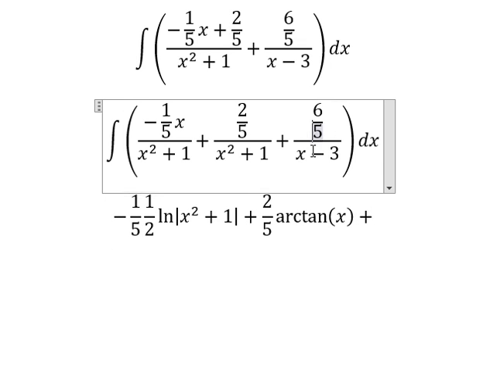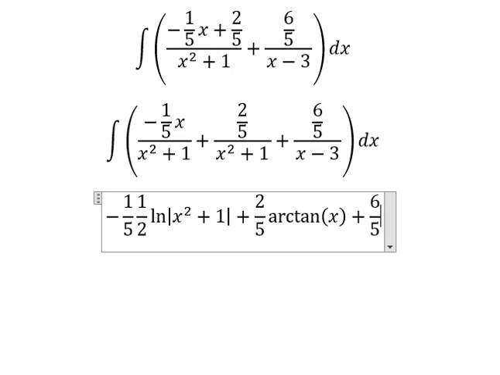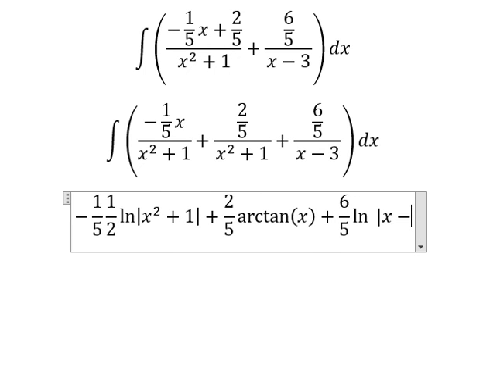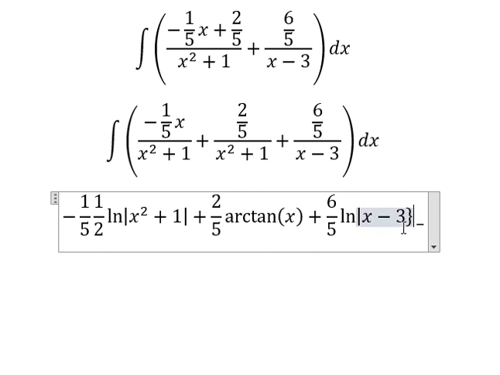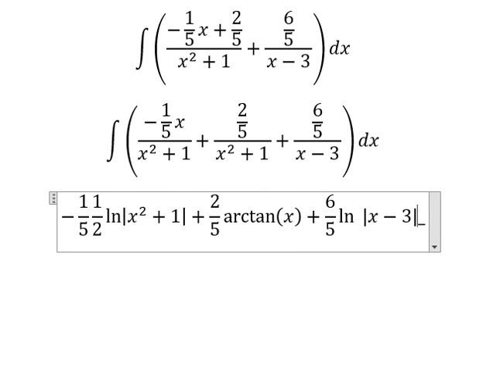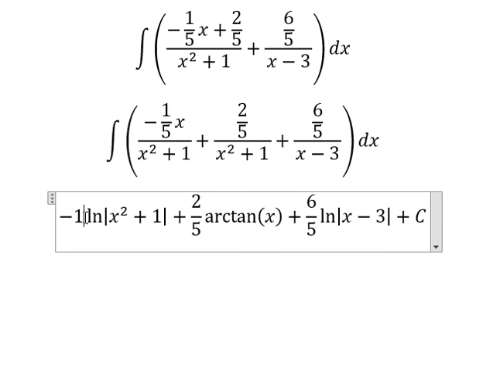The integration of this one, we have 6 over 5 ln of the absolute value of s minus 3. This one we have 1 over 10.